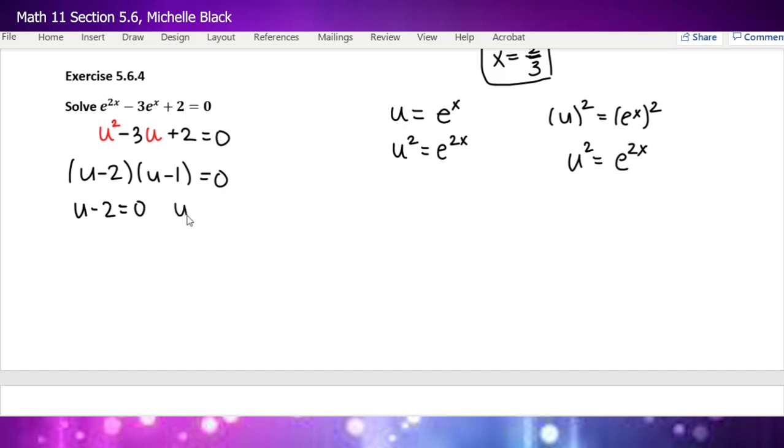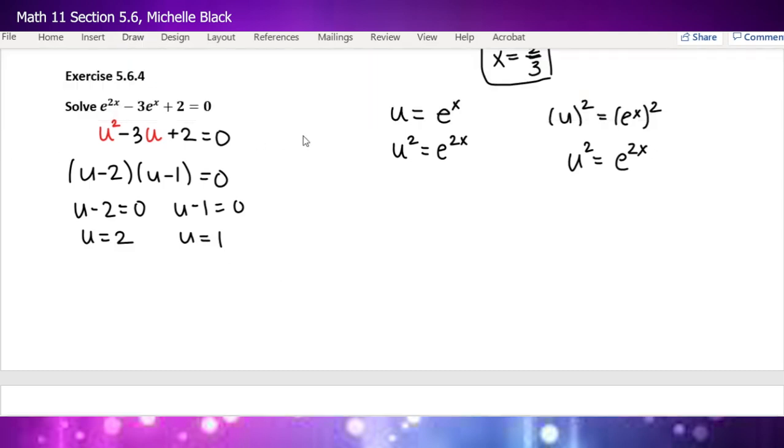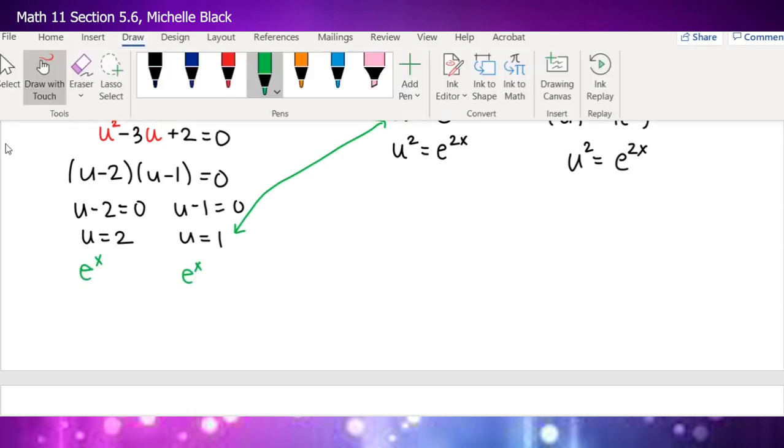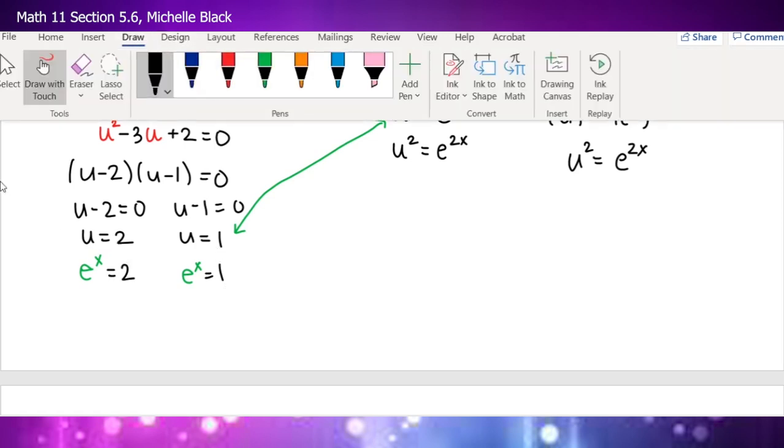Set them equal to 0. Solve for u. But remember, we made a substitution, so we need to substitute back. And u is the same as e to the x. So I really have e to the x equals 2 and e to the x equals 1. To get the x out of the variable, I can take the natural log of both sides.